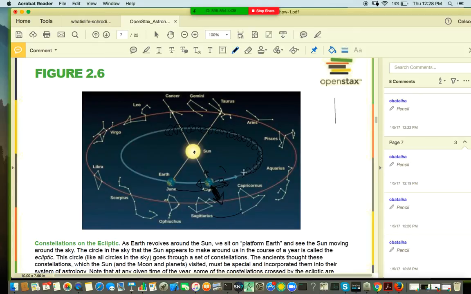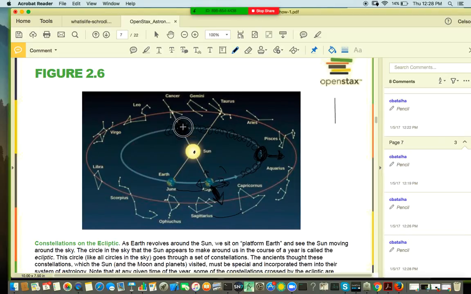But a few months later, when Earth is somewhere here, at midnight the constellation crossing the celestial sphere in the highest position in the sky is one between Aquarius and Pisces.